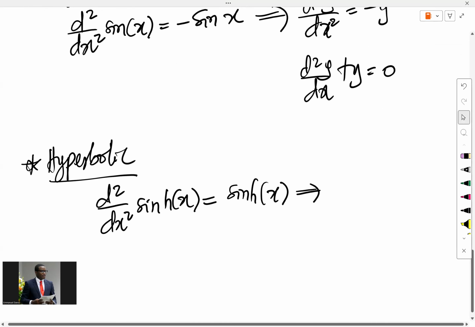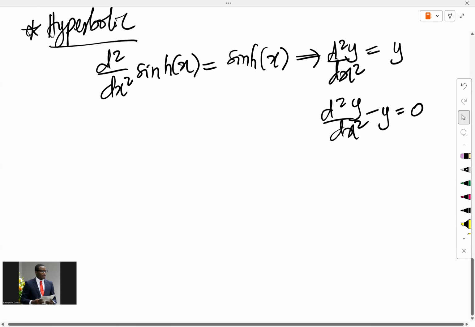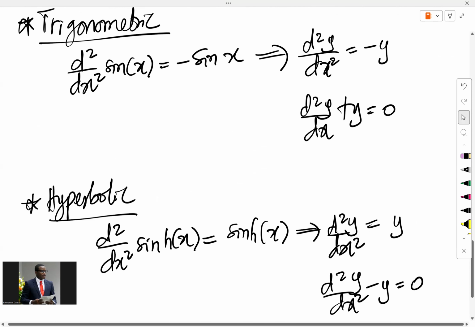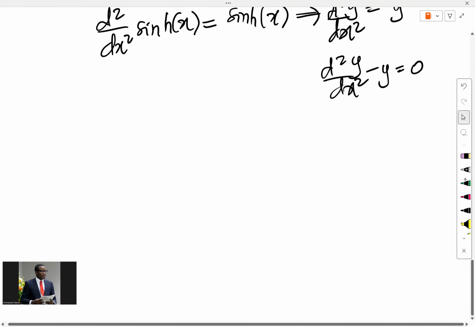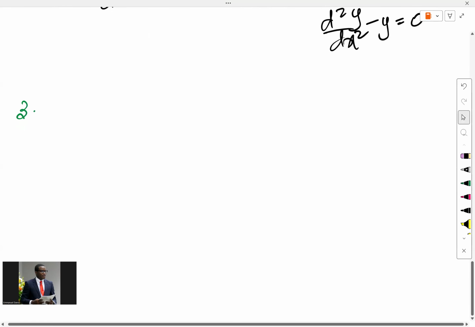That implies d squared y dx squared equals y, so d squared y dx squared minus y equals 0. So not exactly the same, but something really close.